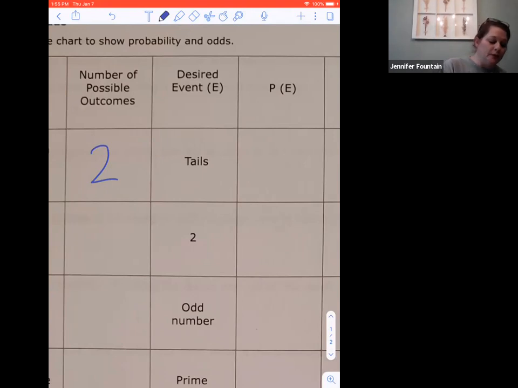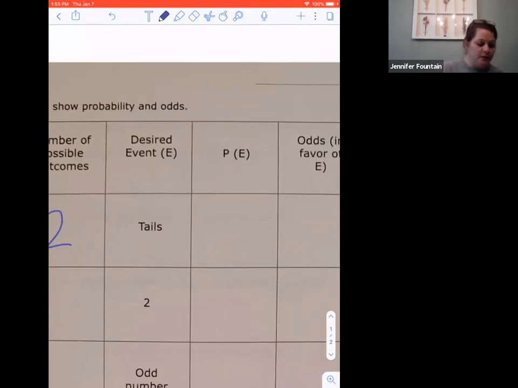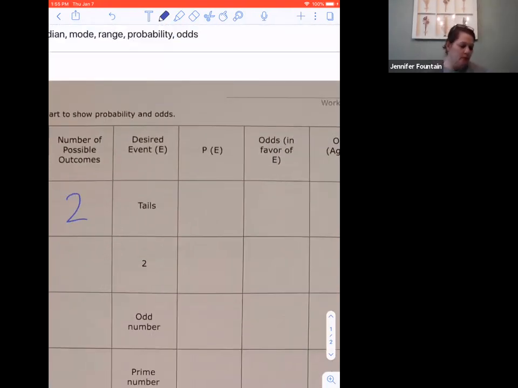So remember probability. On the top of this, when I send it, I'll send it to you like I've got it right now. We're going to fill everything out. So when I actually email this sheet to you, I'll already have what I've written on here.